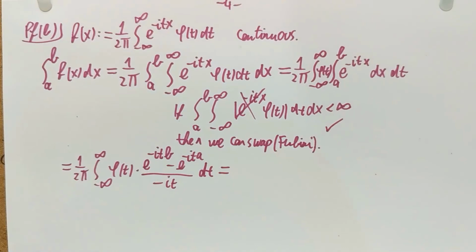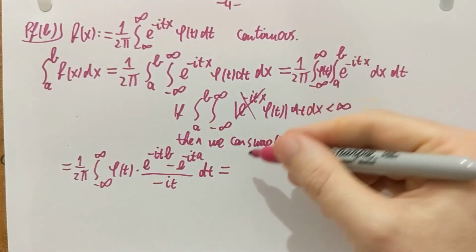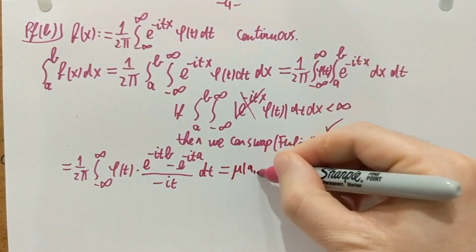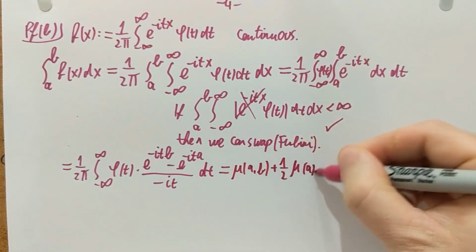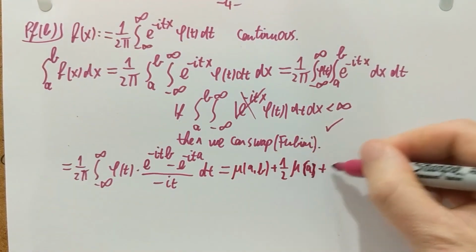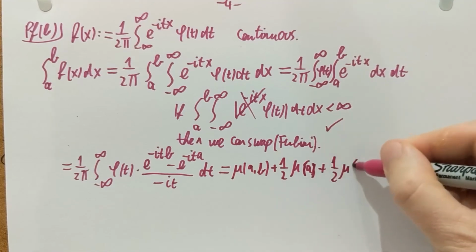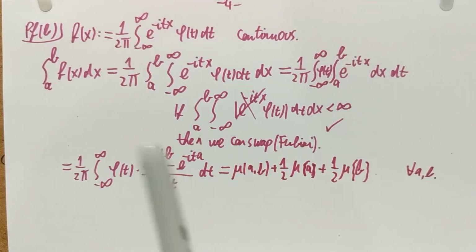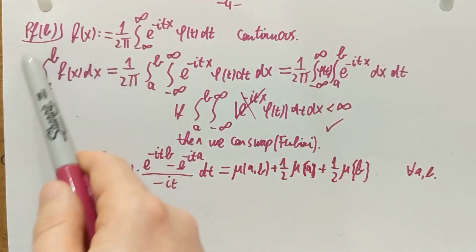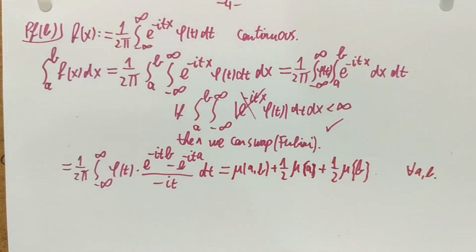So what I end up with, based on part A, is mu of (a,b) plus half of mu of the point a, and half of mu of the point b, and this is true for every a and b. So what can we conclude from this? On the left-hand side, this thing depends continuously on a and b, whereas this one is not a continuous function of a and b.